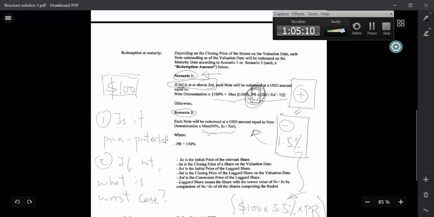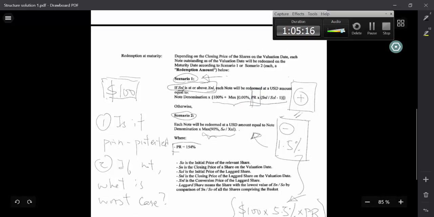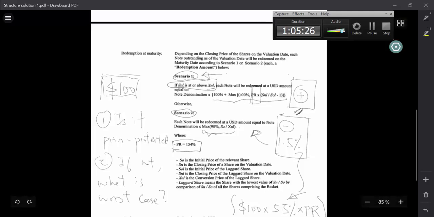This is what we solve for. So if at a PR of 154%, at that PR rate, the two are equated, then the customer can pay par.